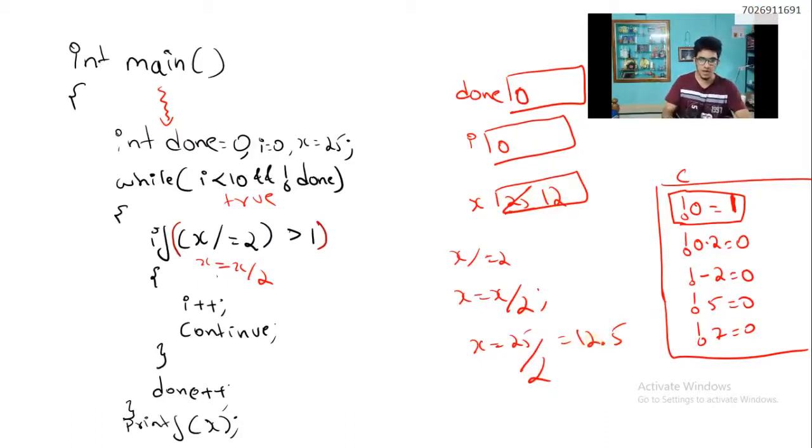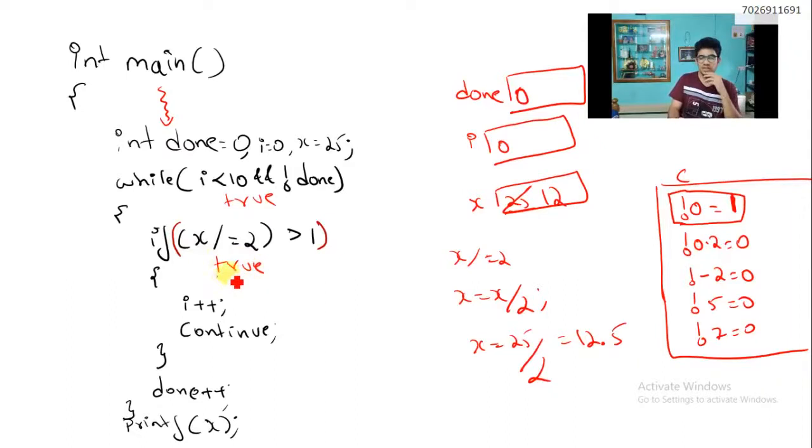After this, we are checking the condition. What's the new value here? The new value you got is 12. After evaluating that, you have to write the variable value. What's the value of x now? It's not 25 now. The updated value is 12. Is 12 greater than 1? Yes, so this if condition becomes true.